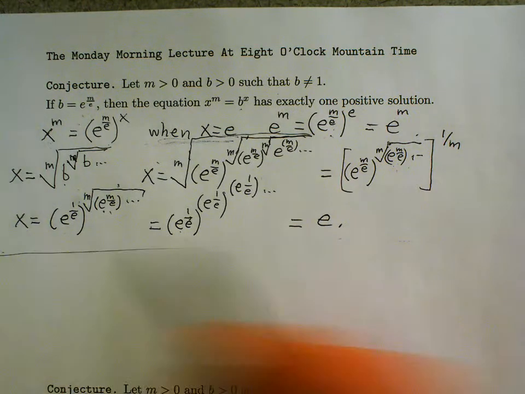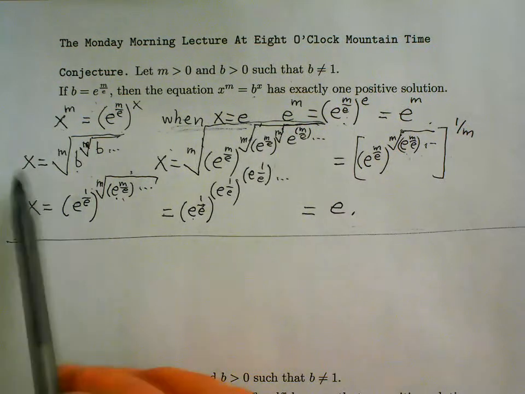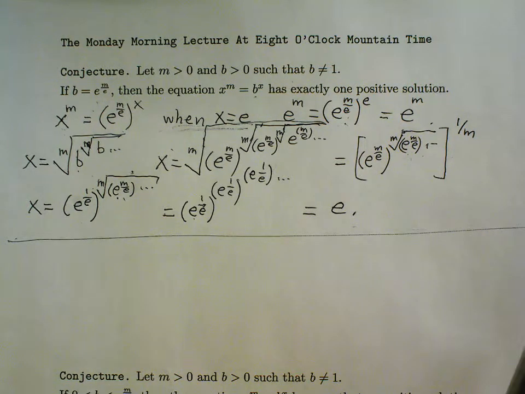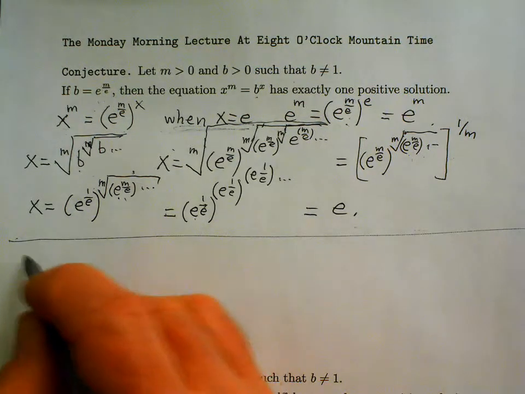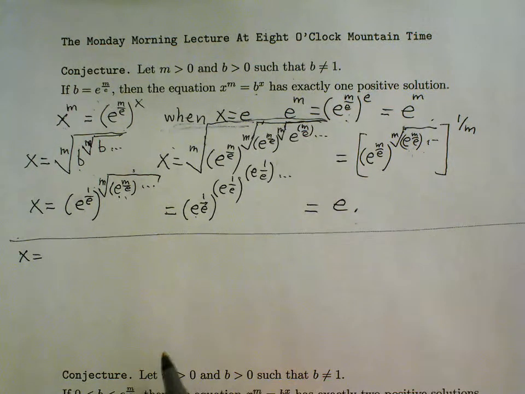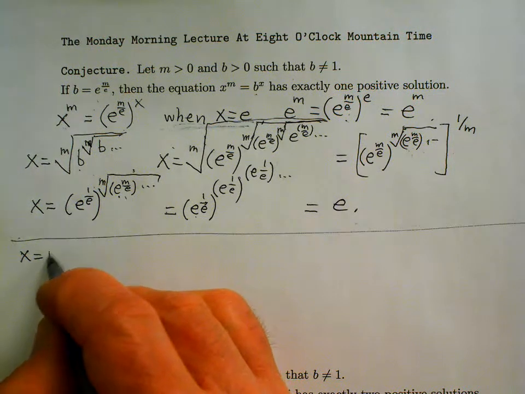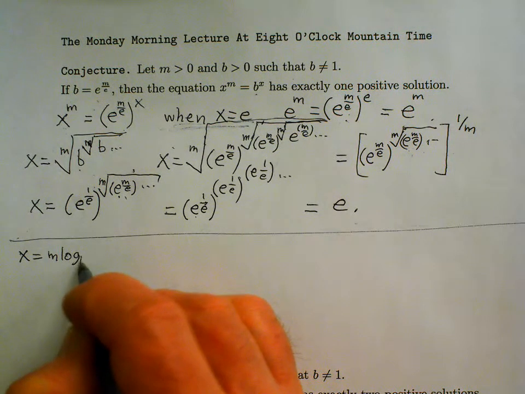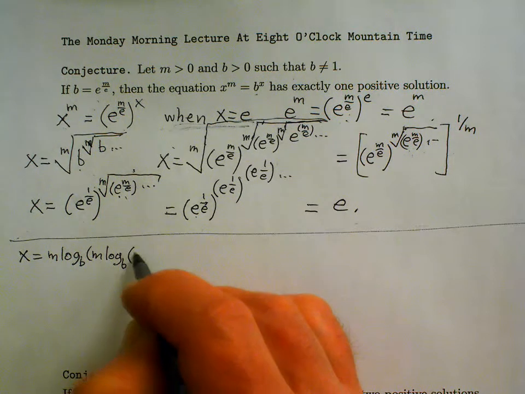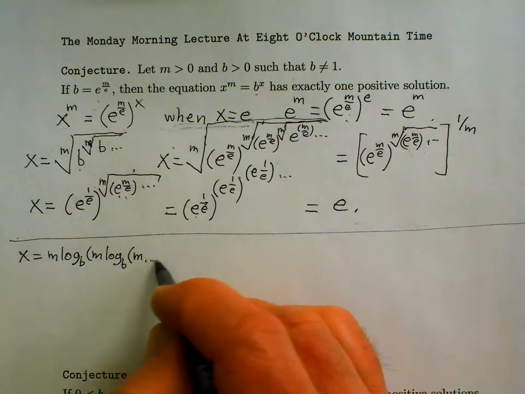Okay, what we want to do next is to show that the other solution for x is also equal to e. So for this one, we use the other equation, x equals m times log base b of m times log base b of m times log base b, and so on.